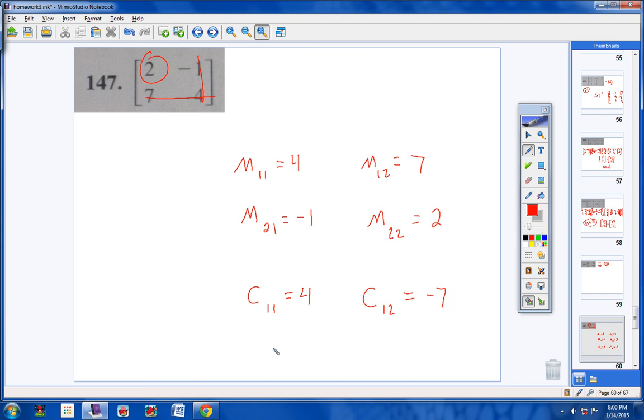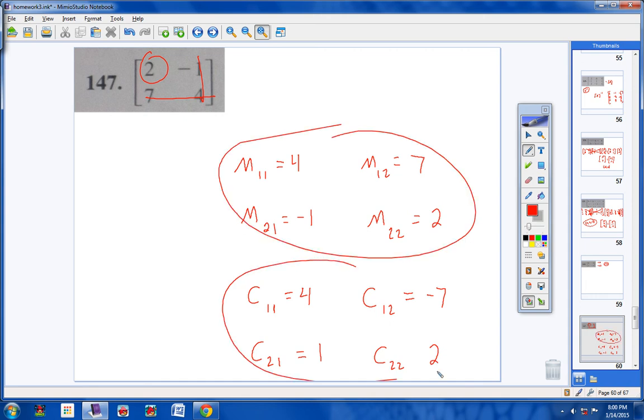Okay, let's go on to cofactor 21. 2 plus 1 is 3, 3 is odd, so you change the sign of this, which would be 1. Okay, cofactor 22. 2 plus 2 is 4, which is an even number, so you do not change the sign of the 2. So there's your minors. And there's your cofactors, okay?